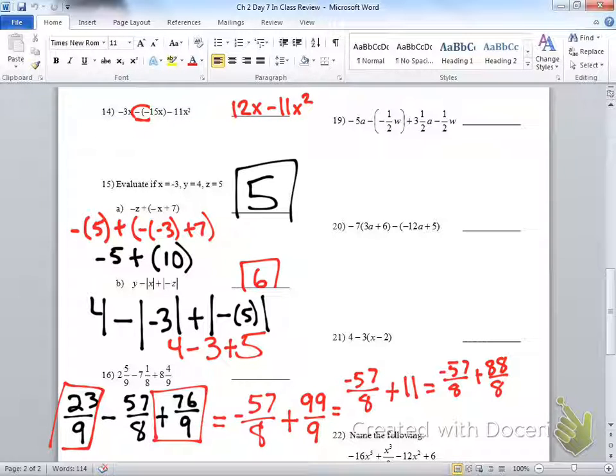Now, if you did it the other way, that's fine. You just got a little extra practice. Now I can go ahead and subtract these. The signs are different. So 31, it's going to be a positive, right, because of the 88. And I need to put it over 8. 31 over 8.